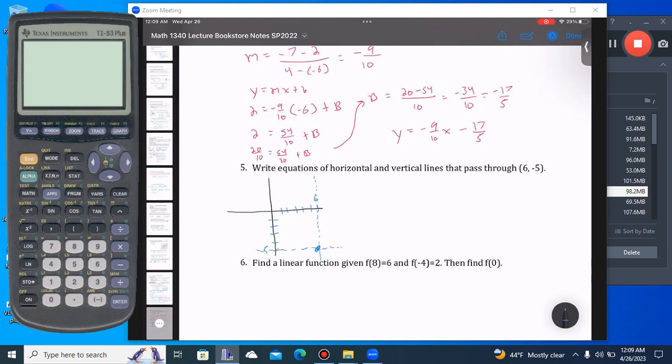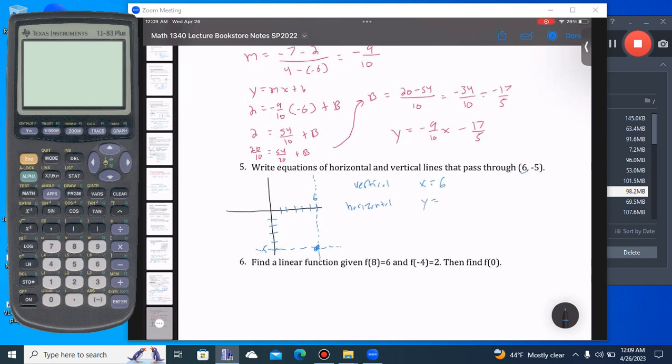The vertical line is x equals whatever your x value is. The horizontal line is y equals whatever your y value is. Okay, that's the straightforward case.